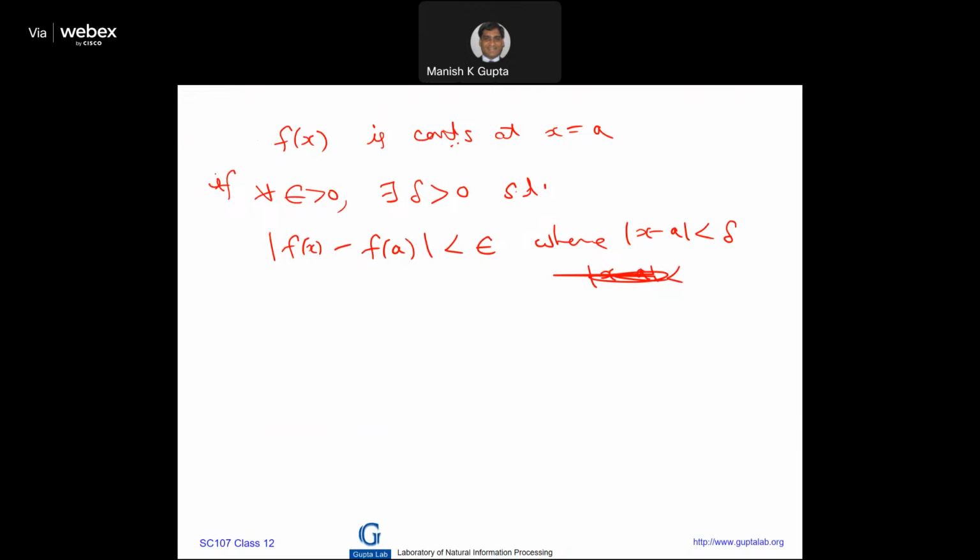Here again, using this inequality, solve for delta. This is when you have to show that the function is continuous at a point x equal to a. Write down the definition, start with this less than epsilon business, and try to estimate the value of delta using both the inequalities, right? Because mod of x minus a is less than delta.